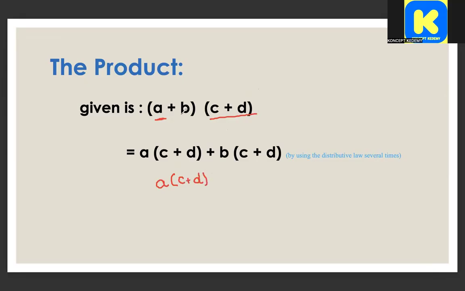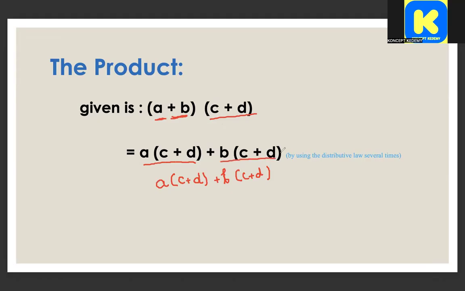After this, I take b, and we need to make sure what the sign is in front of that variable. In front of b there is a plus sign, so I put plus b, then the second factor, c plus d.